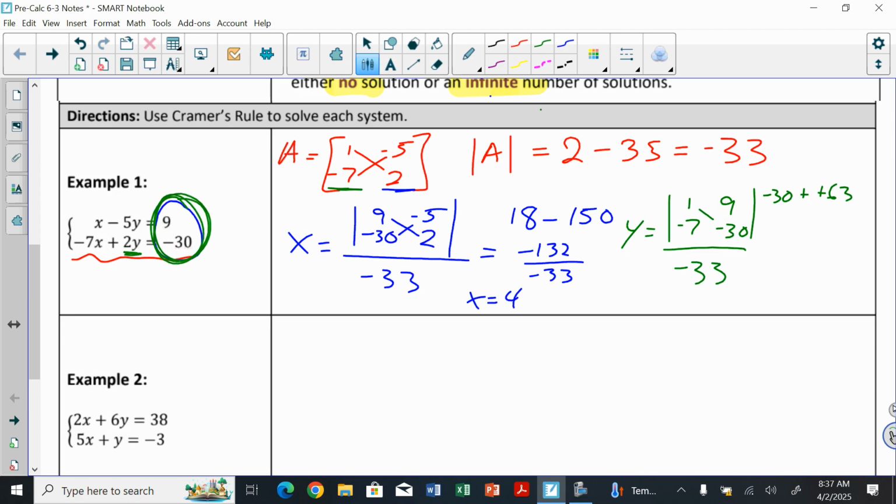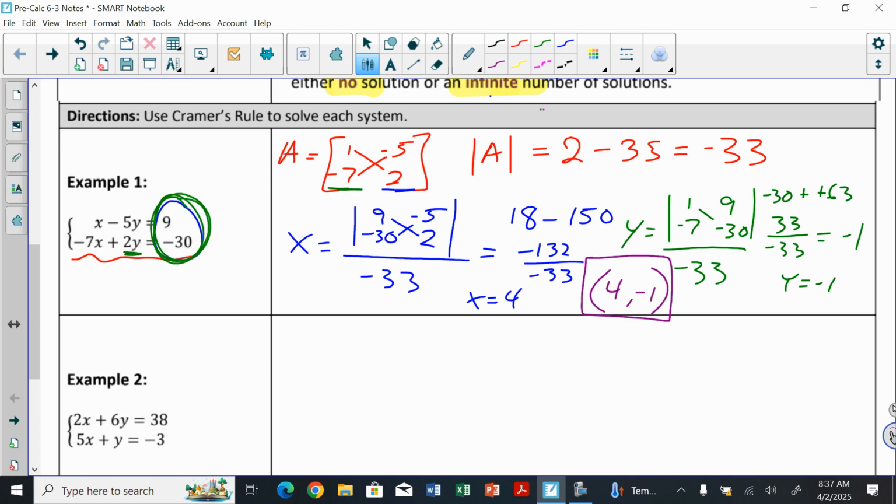So that gives me positive 33, which over a negative 33 from my determinant of A becomes negative 1. So I know that y is equal to negative 1. And then we can finish by putting our answers in an ordered pair: 4, comma, negative 1 would be my answer here for that solution.